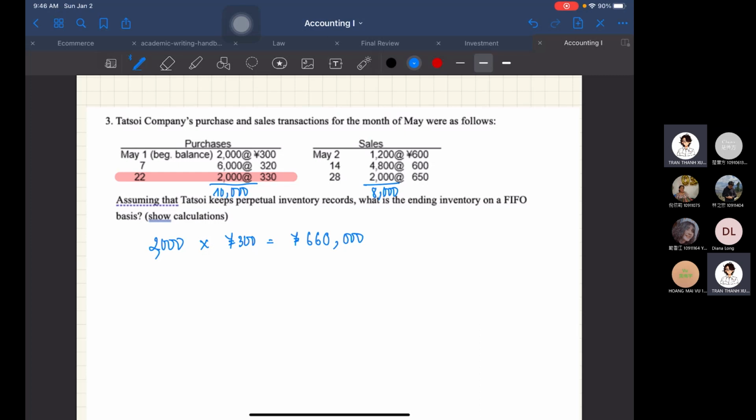Here, you don't need to have a table, just show the calculation. Yeah, that's it. If you want to have a table, that also counts. But here, it's asking what the ending inventory is.